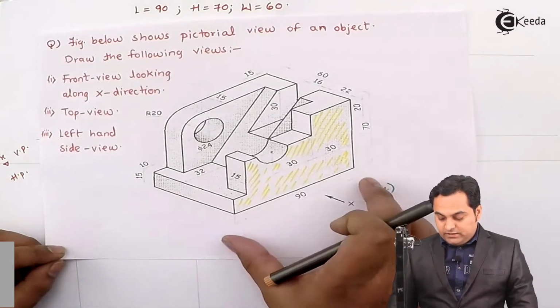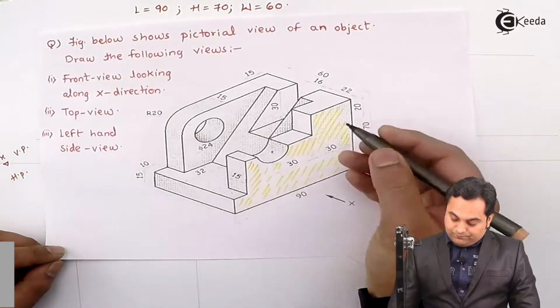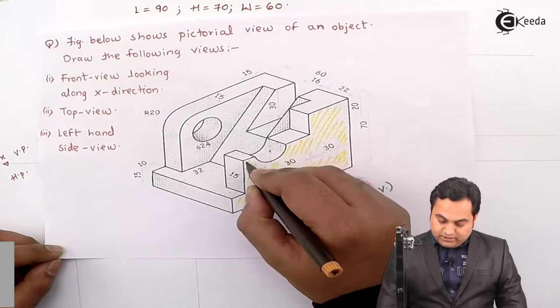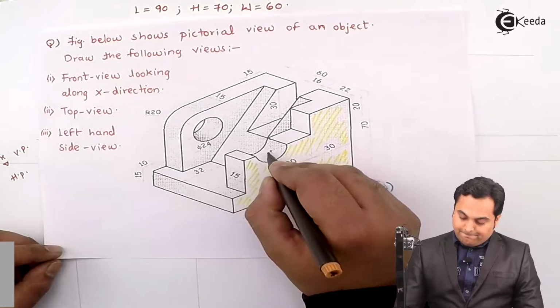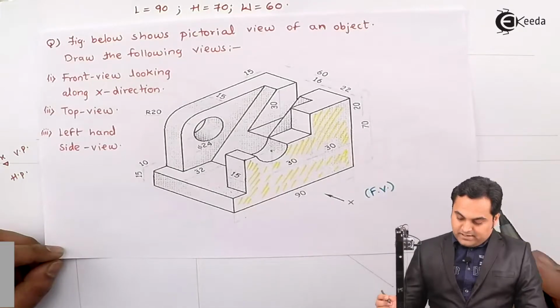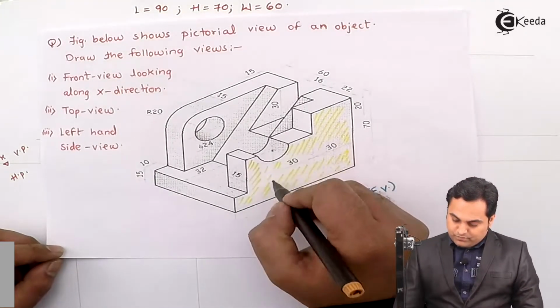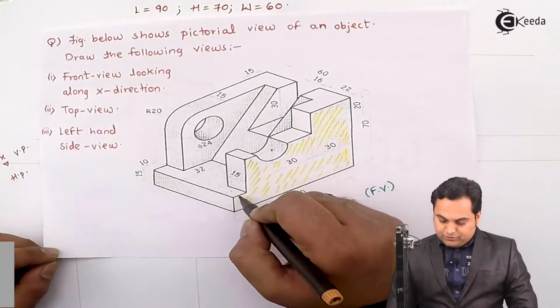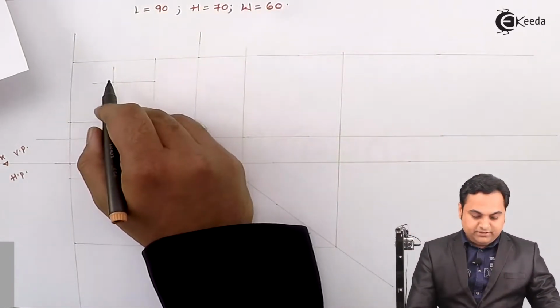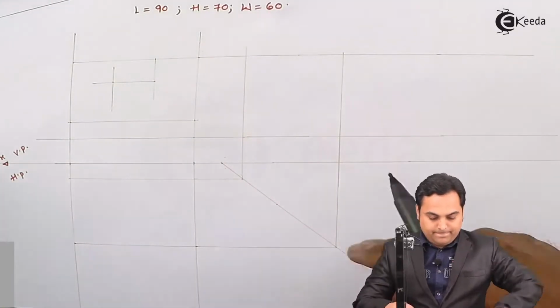So 80 minus 60, that gives me 20. So from this center up till this end, the length is 20 mm. And next, after getting this 20, here I'll project it down, that is I've already taken up to 30 mm. Then I'll measure 20.